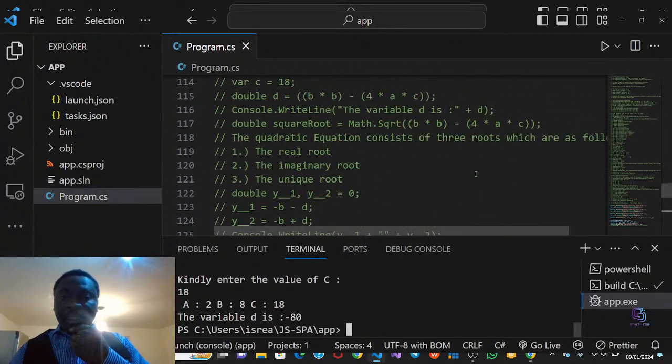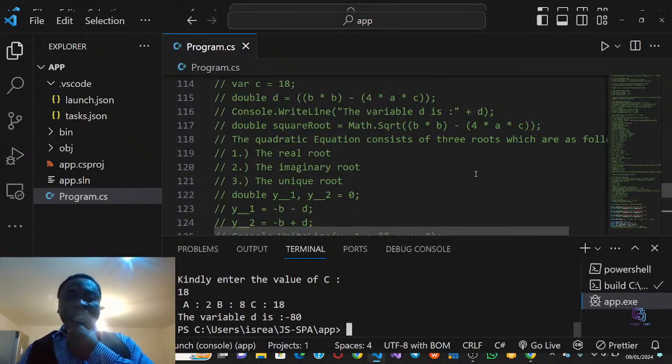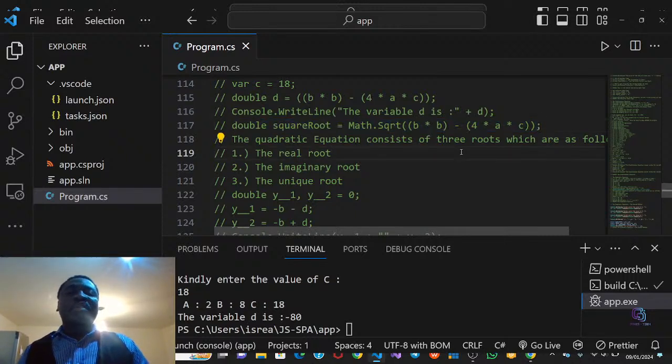So with this, what's the next thing? Now we want to find the square root of the variable d. So how do we get the square root? We want to pick the square root of d.